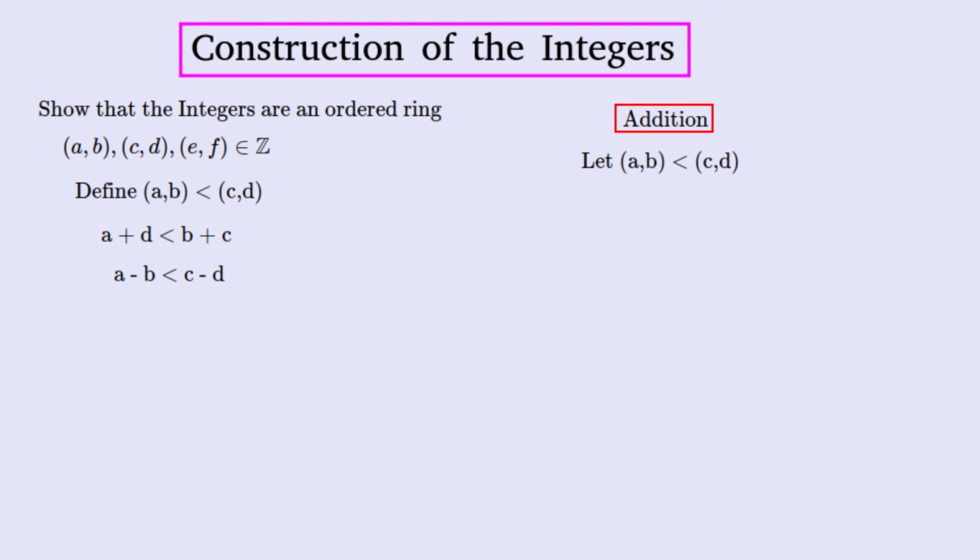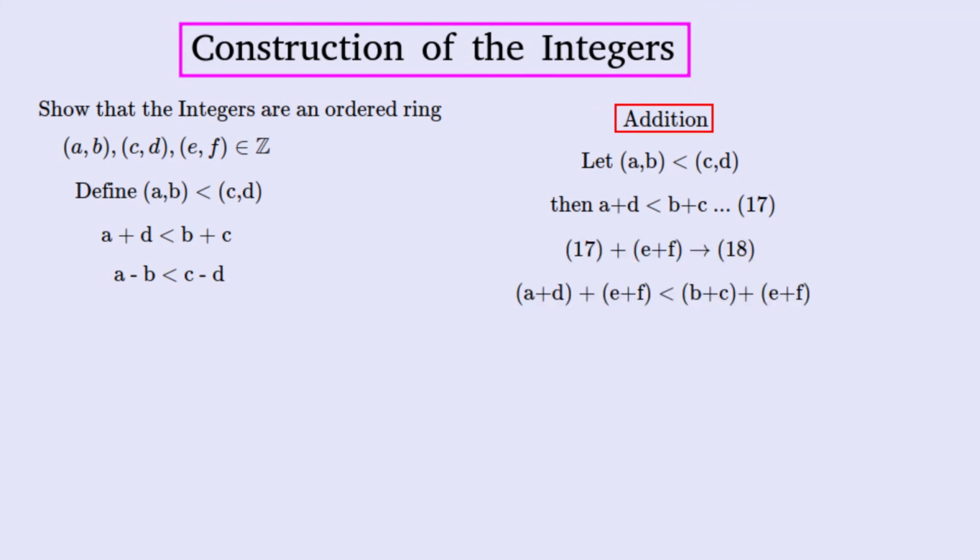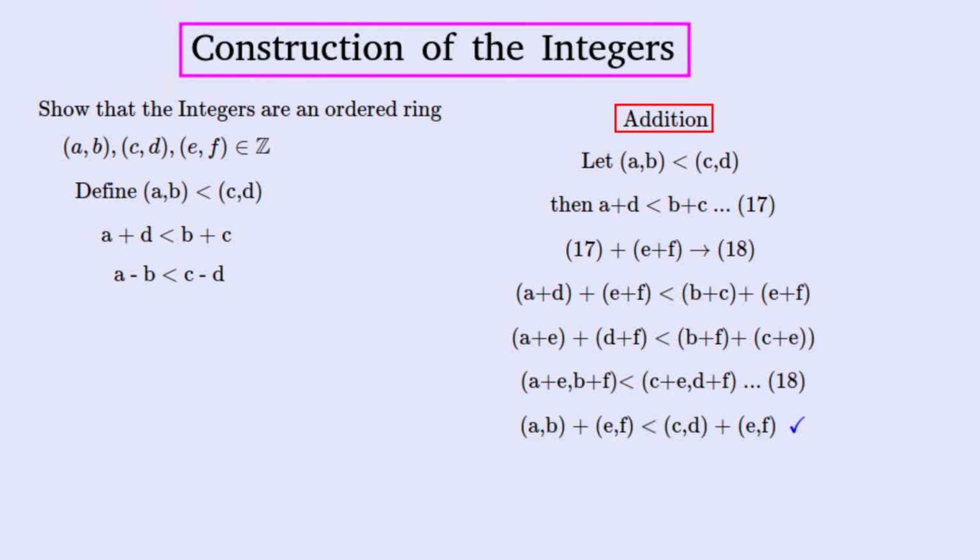We'll now prove the addition axiom. We can expand this out using the definition of less than. We'll add this number to both sides to get this equation. We can manipulate this expression and use the definition for less than in reverse to get this expression. Then we can use the addition rule in reverse to get this expression. So we've proven the first axiom.